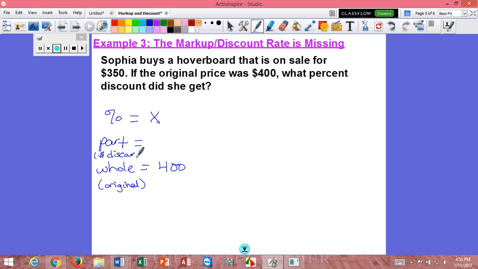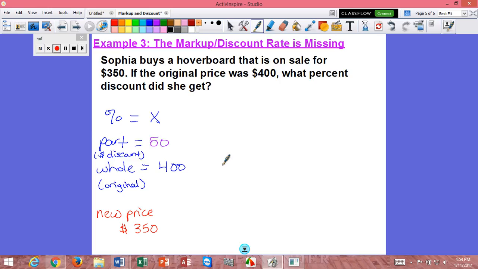Okay, it wasn't discounted $350. It's saying that the new price was $350. So if it was originally $400 and then it dropped to $350, that means that the discount amount would have been $50. That would be the part.